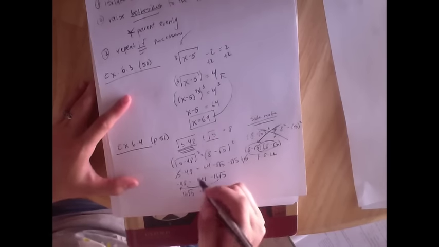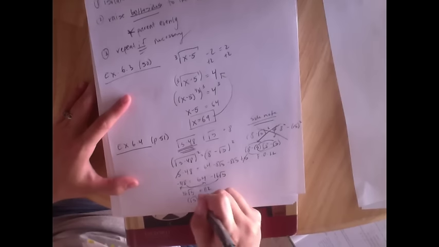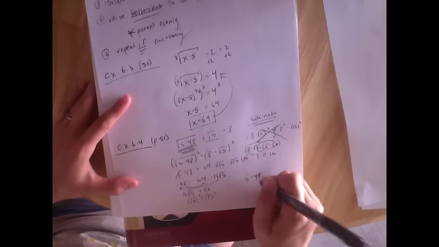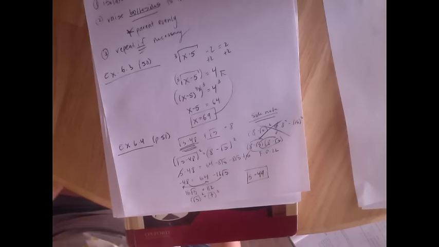And then I have the square root of s equals 7. Again, square both sides, leaving me with s is 49. Notice how I box my answers every single time.